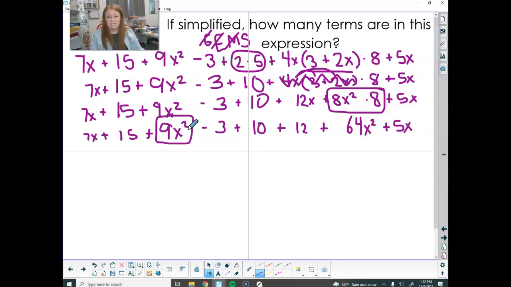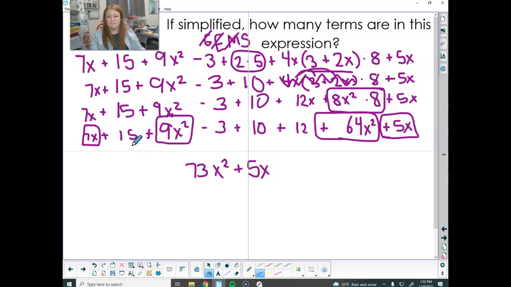So I've got 9x squared here and another 64x squared. So 9 plus 64 is 73x squared. So now I'm looking for my x's. I have 7 x's, and those are all constants. 5 more x's, so plus 5 x's.